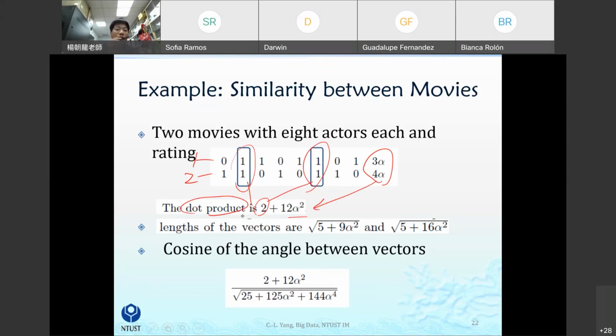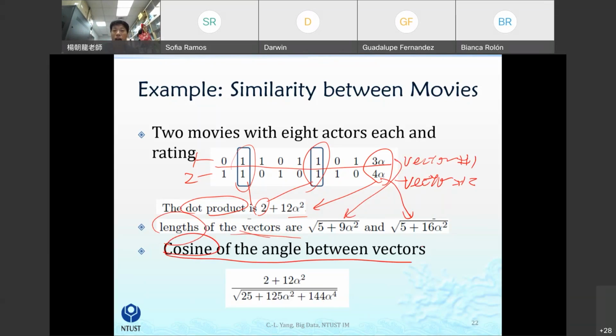Then if you want to calculate cosine similarity, we consider the angle, because you basically want to calculate the length of each vector. You consider this one vector and another vector, right? You can calculate the length of this one, then the length of that one, combine them together, and you can calculate the cosine.